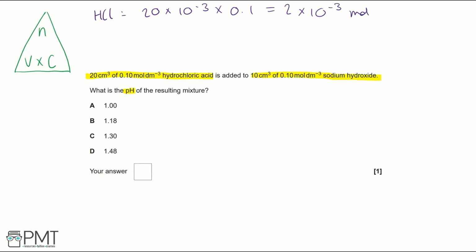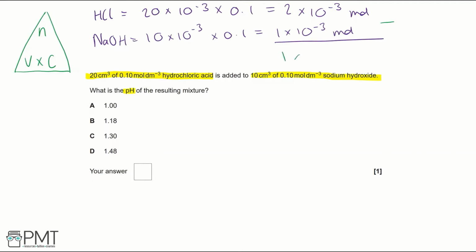Then if we do sodium hydroxide, that's going to be 10 times 10 to the -3 multiplied by 0.1, which equals 1 times 10 to the -3 moles. So we can already tell from just working out the moles that hydrochloric acid is in excess. So if we work out the excess moles of hydrochloric acid, that's going to be minusing these two.